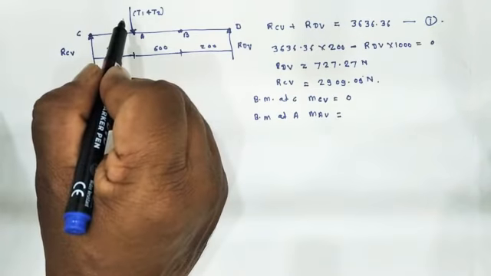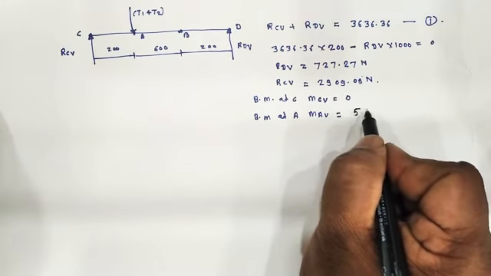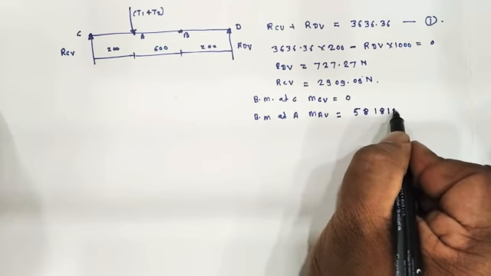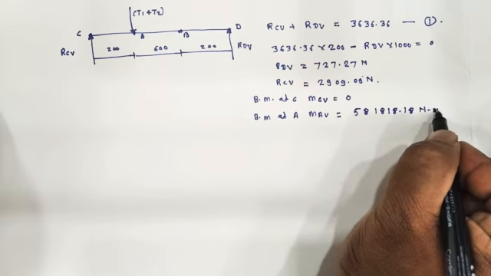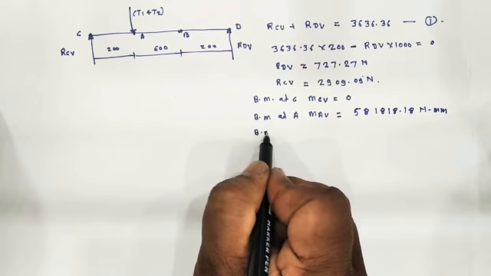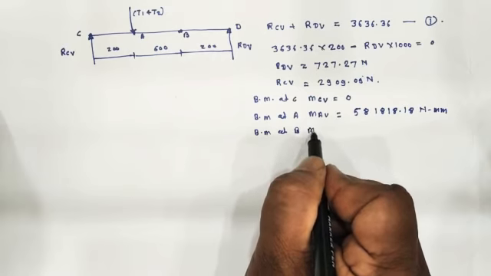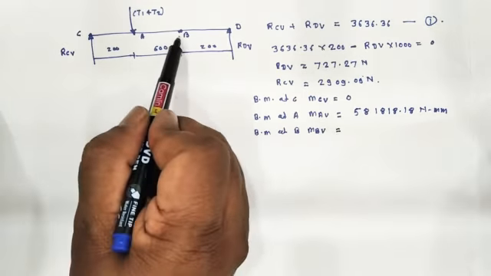It is in clockwise direction, so after calculating it, it becomes 5818.18 Newton mm.